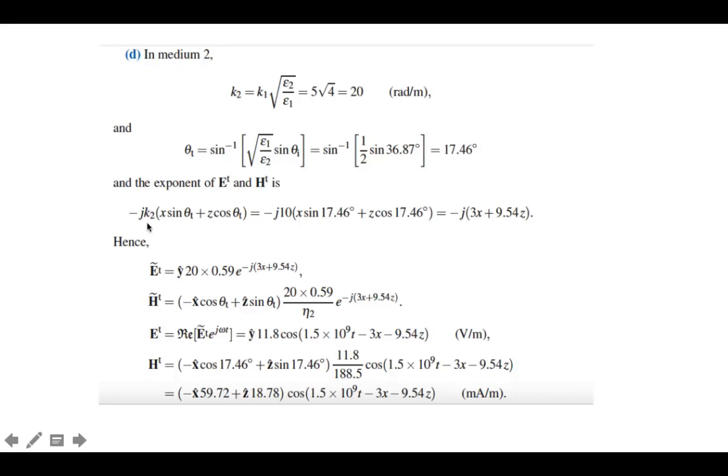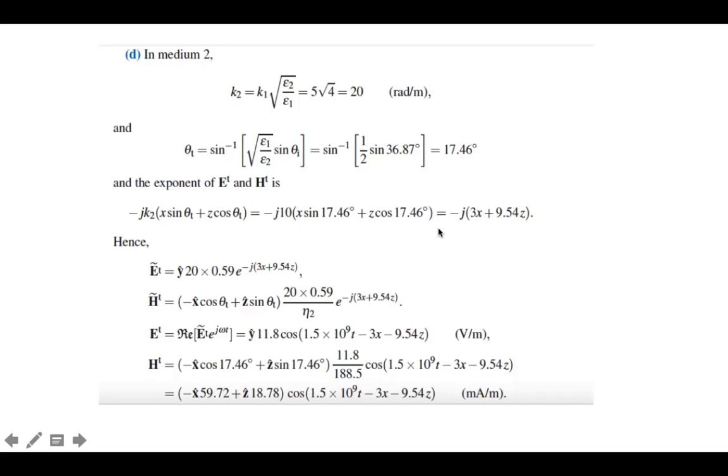And then we need to know what the exponent looks like. So we still have in the exponent, this is still a forward moving wave. It still has an x component and a z component to the motion. So everything stays the same, except instead of K1, we have K2. So when we substitute in K2 and we substitute in x sine of theta t and z cosine of theta t, we get the following expression by filling in everything.